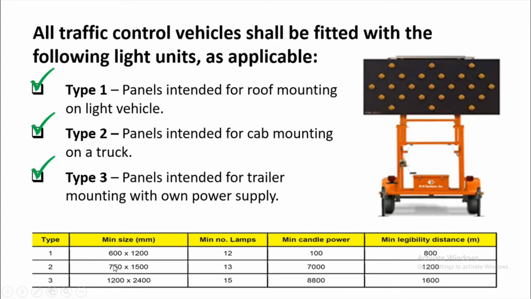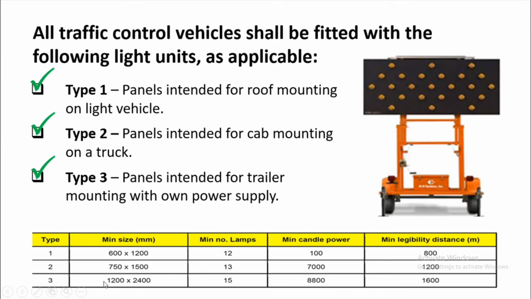Type 2 is 750 millimeters by 1500 millimeters. Minimum number of lamps is 13, and minimum candle power is 7000. Minimum legibility distance is 1200 meters, or 1.2 kilometers.